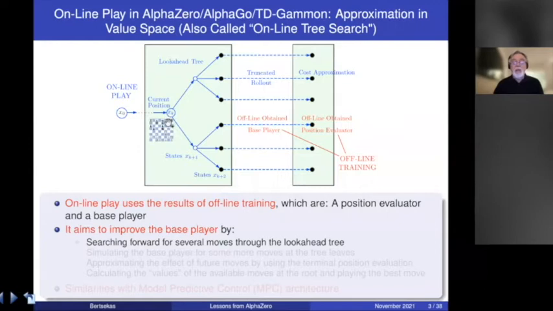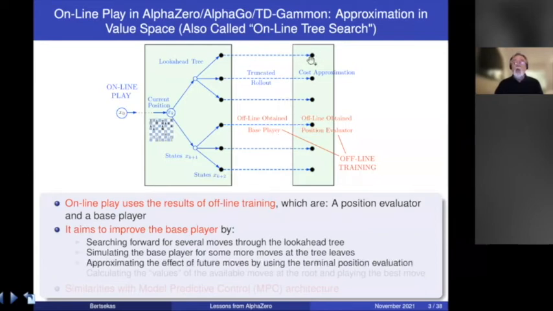Given that we are at some position, let's say after k moves, the current position xk, we search forward for several moves through a look-ahead tree of moves and counter moves up to a certain depth. Then from the leaves of that tree, we simulate the base player for some more moves, and then we arrive at some positions here, which we evaluate using the position evaluator, and we approximate the effect of these future moves by using that evaluation.